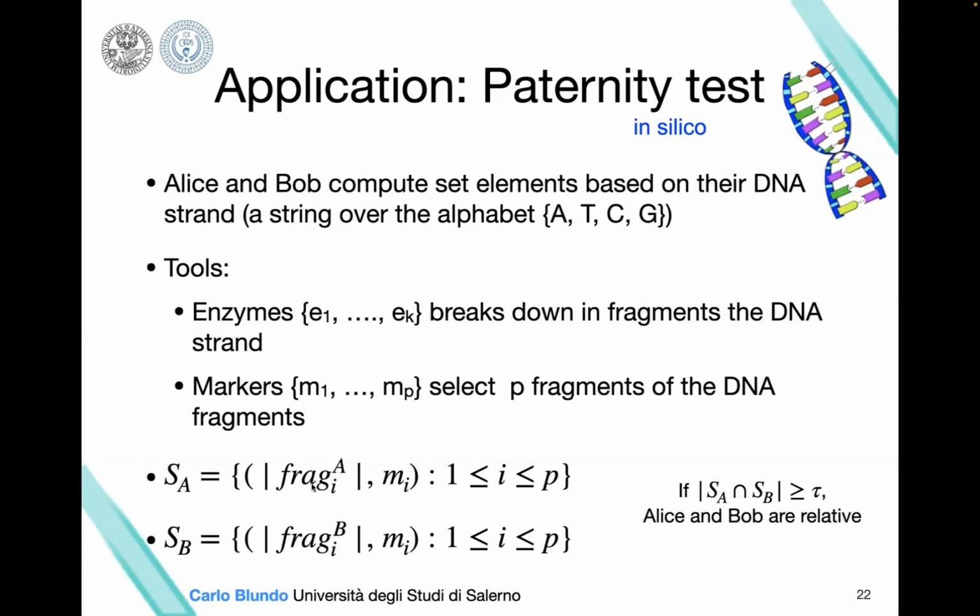We can encode this part of the DNA using the marker and the sites of the fragment selected by the marker. So we can have this simple set composed of a number, which is the size of the fragment, and an ID, which is the ID of the marker.